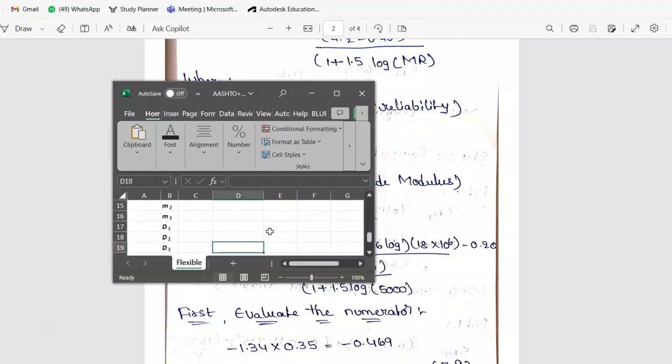As we know all these values, we can substitute them here.